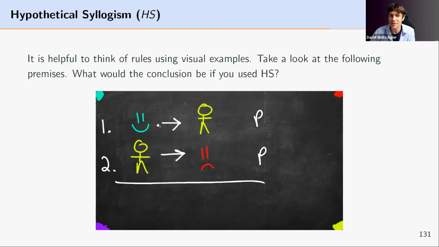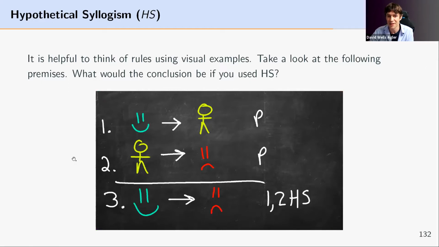So here we have if smiley face, then person; if person, then frowny face. And if you're going to use hypothetical syllogism here, you could probably guess what the conclusion will be. Well, if smiley face leads to person and person leads to frowny face, then smiley face is going to lead to frowny face.